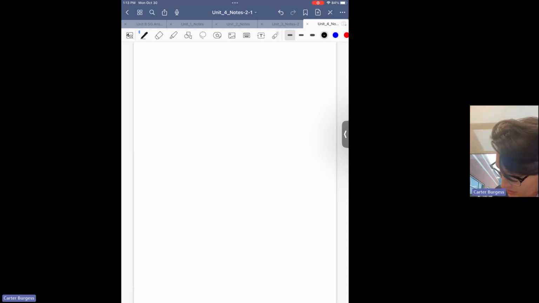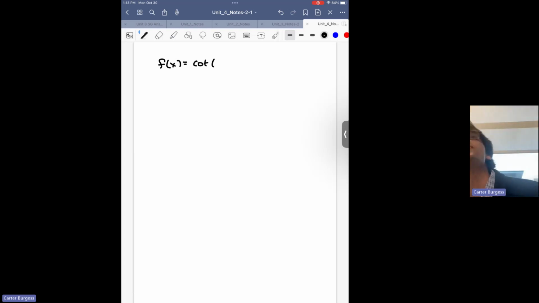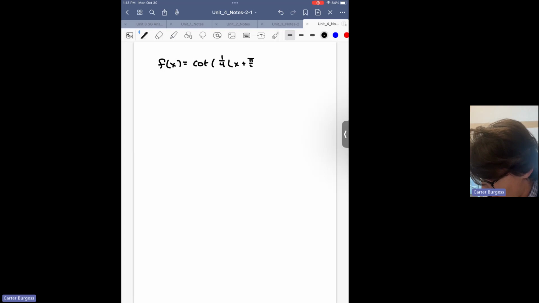We are told that f of x is equal to cotangent of 1/4 times x plus pi over 4, plus 3. We're going to go through our standard litany of questions here, make our normal adjustments, although we'll see how they are different from what we would typically be doing, and then we will graph this.